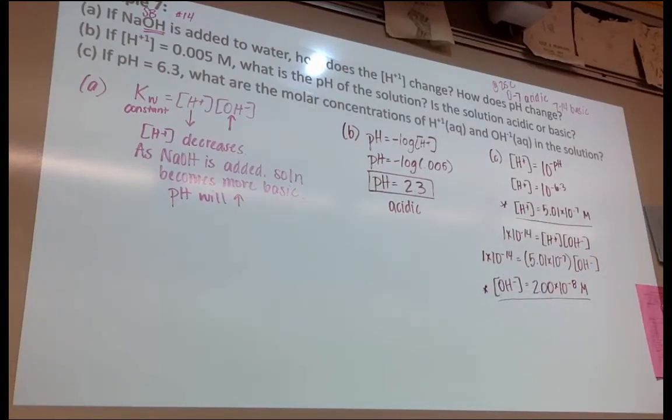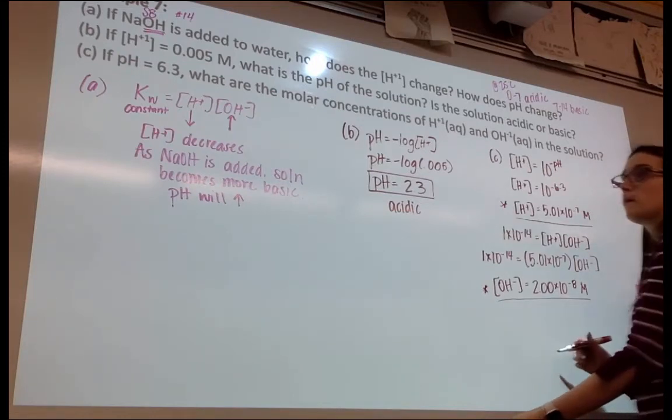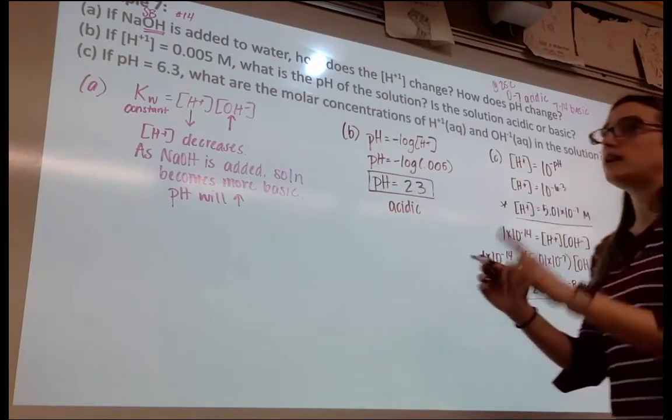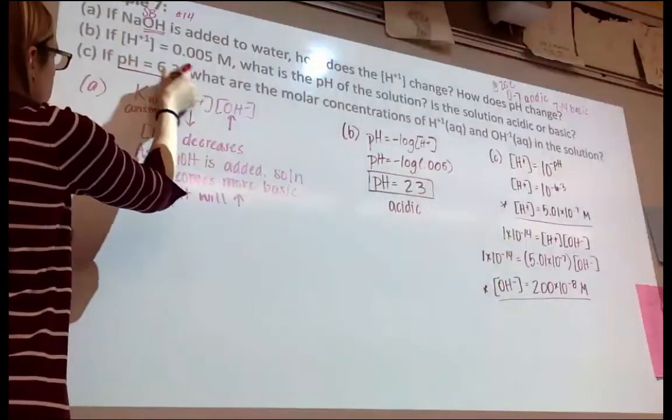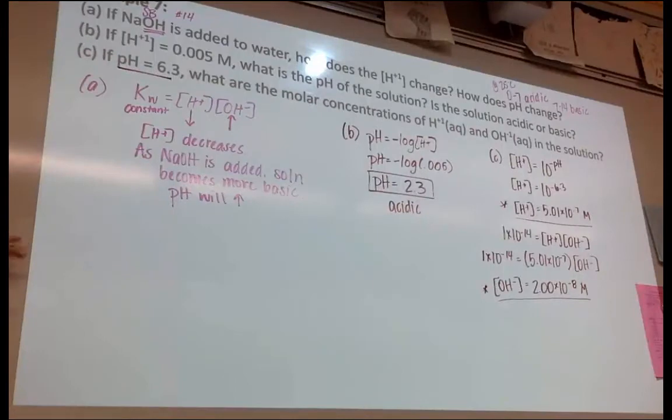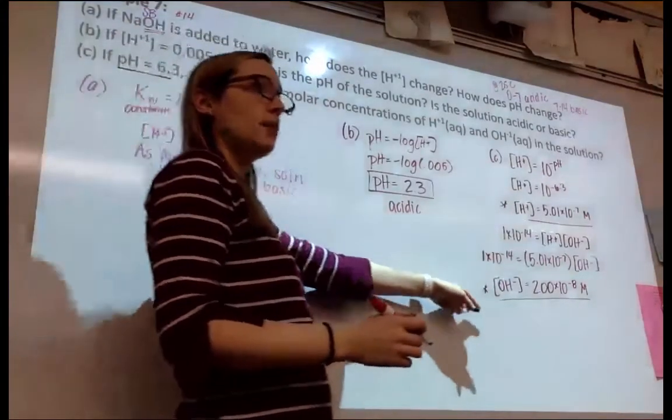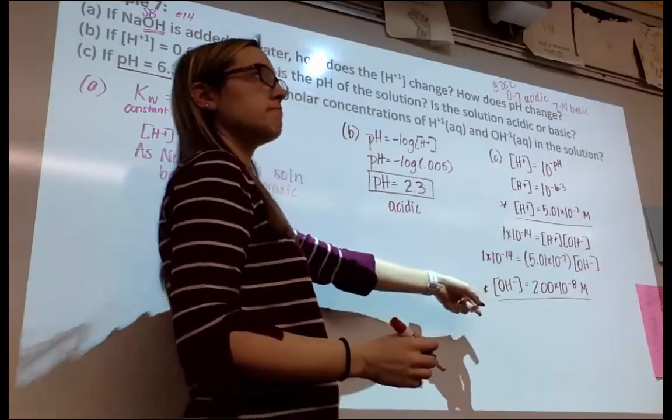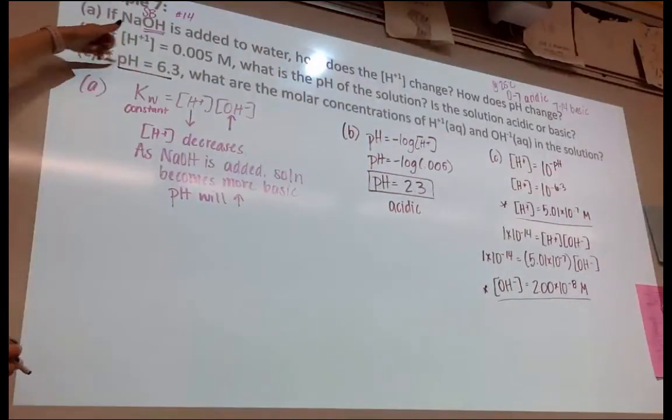Now there are two ways that you could identify whether this is acidic or basic. The first is based on the pH. The second is by comparing H plus to OH minus like we did before. Based on the pH, it's under 7, we would say this is acidic.